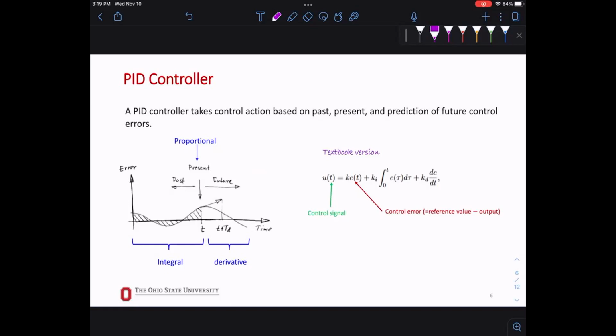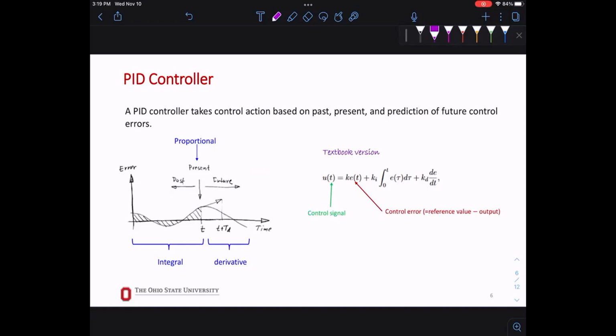So we use the integral coefficient to account for those errors that were added up in the past. Then we can also understand or estimate our system's behavior and say, if this has happened, I know in the future I might see this error.